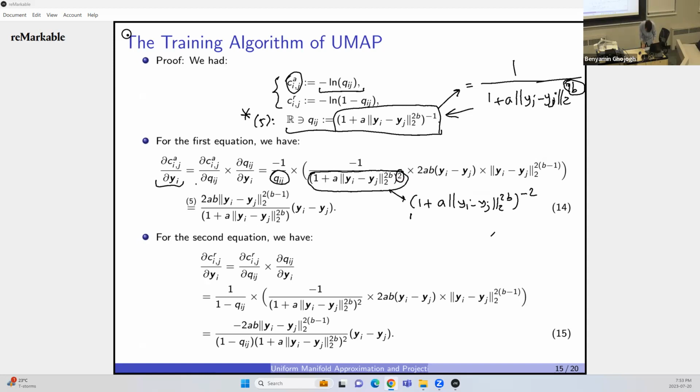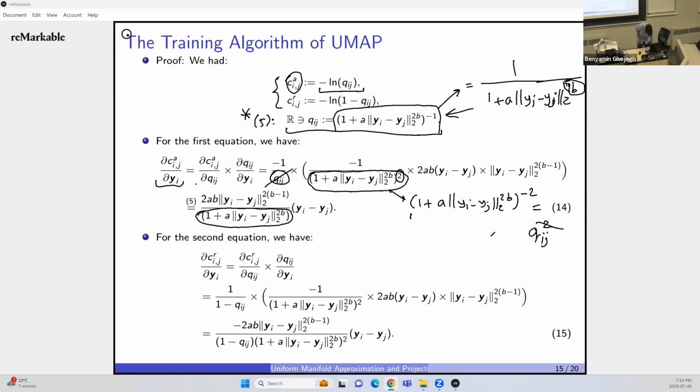But this is equal to, according to equation 5, qij to the power of 2. I have minus 1 over qij, and I have qij to the power of 2. So these two cancel each other. Therefore, I will have 1 over qij, and qij is 1 over this term, which is here, right? And the rest of the terms are as they were. So we found out what has happened here.